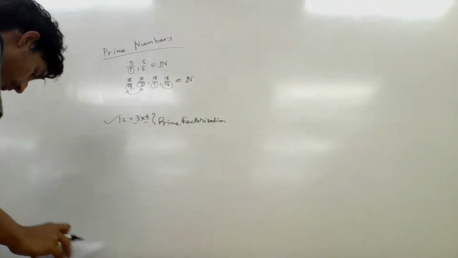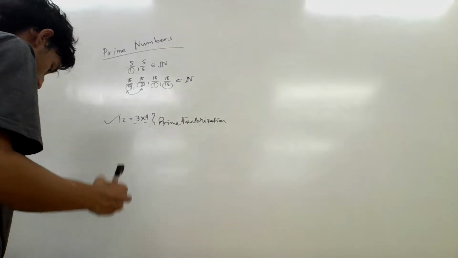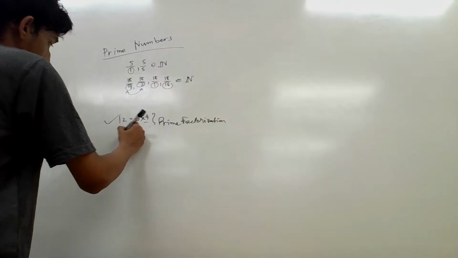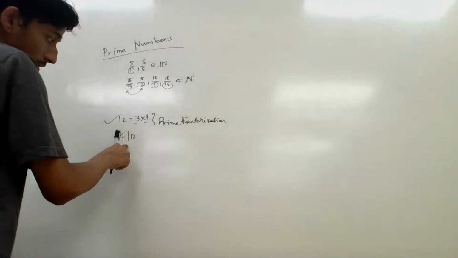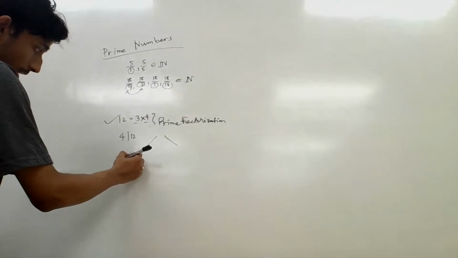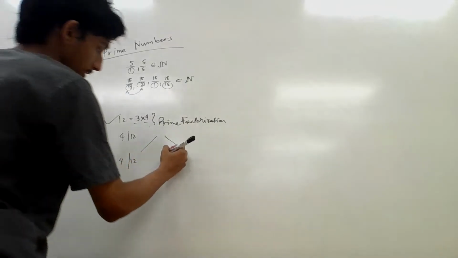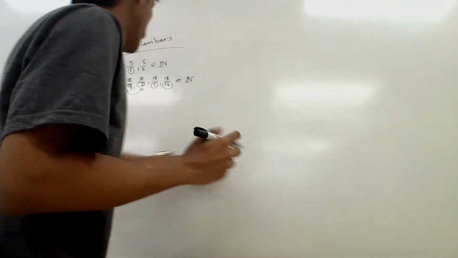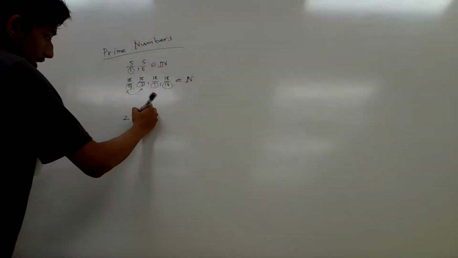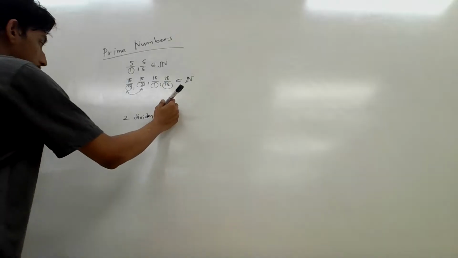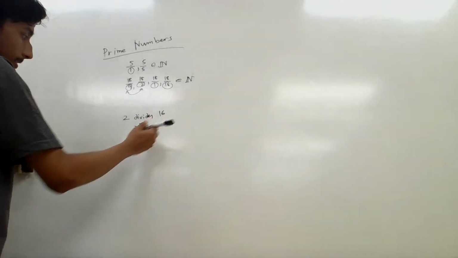So how do you write divisibility? For now you can write that 4 divides 12. This is not the backslash or the front slash, this is a plain line. For example, if 2 divides a number, say 16, you write 2 divides 16.